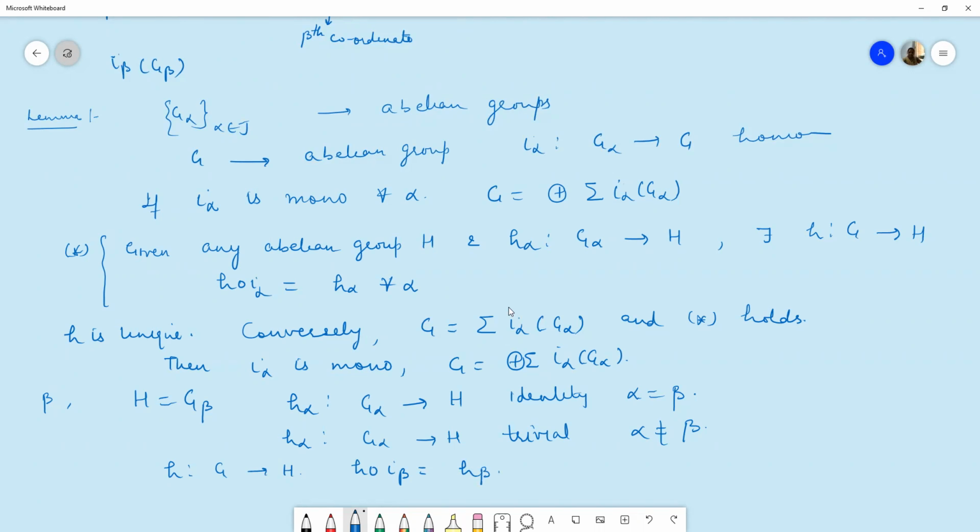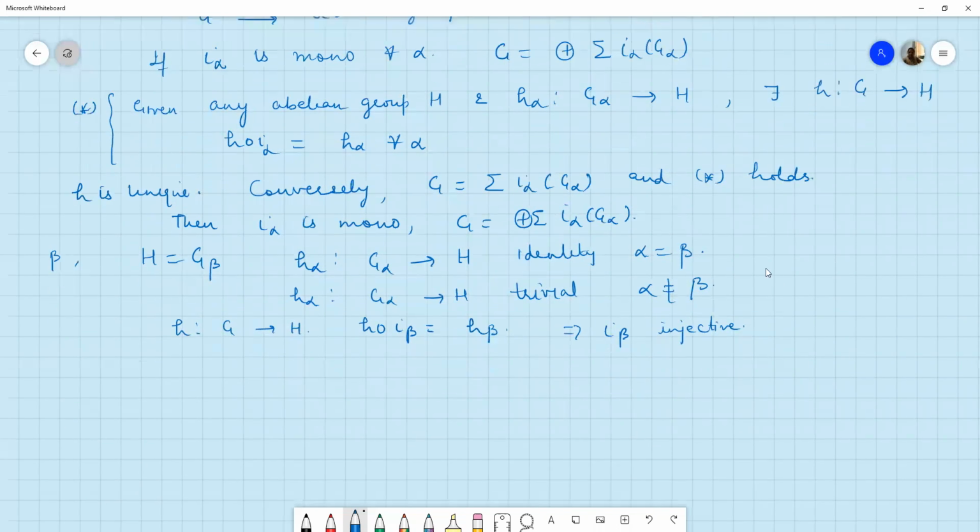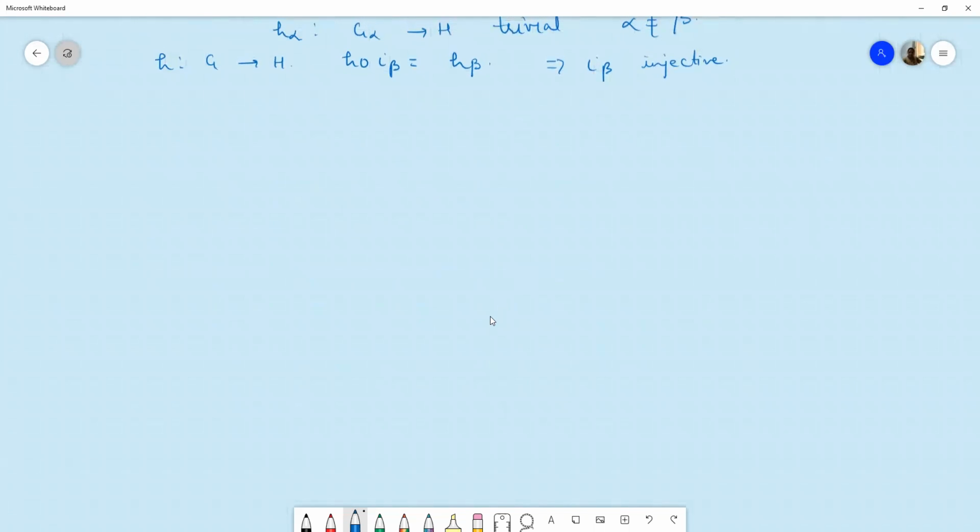Because H beta is the identity homomorphism, the right hand side is the identity homomorphism. So H circle I beta is basically the identity. So it means I beta is injective. So for the given index beta, we have proved that I beta is an injective homomorphism, which means a monomorphism. Similarly, we can prove that every I alpha is a monomorphism. So it completes the proof of this result.